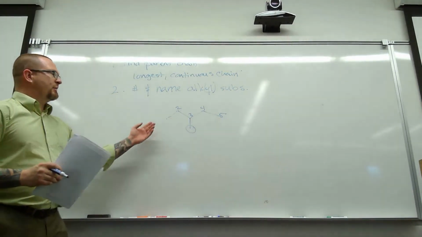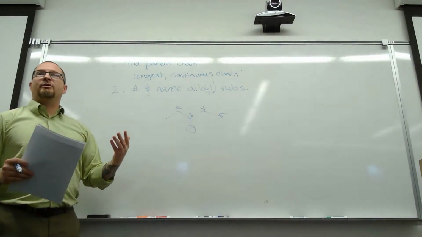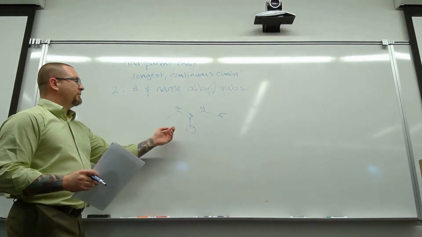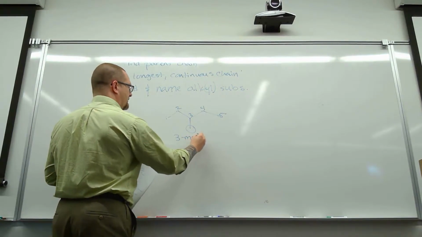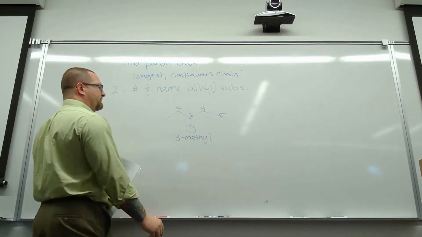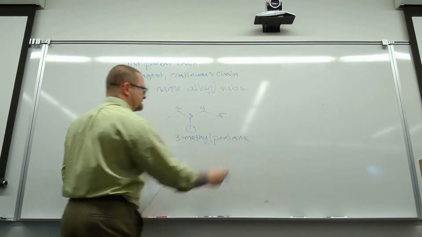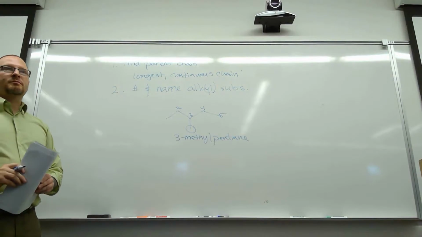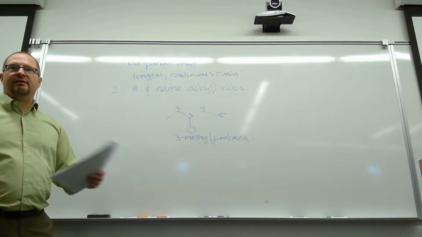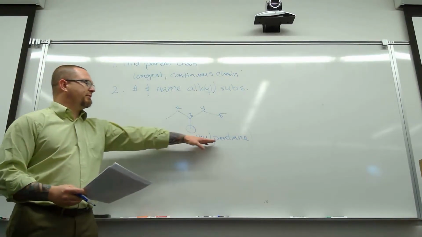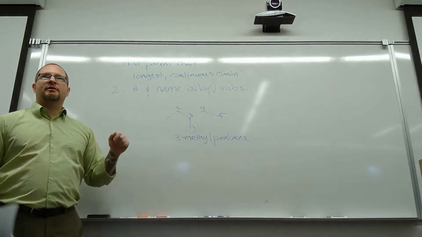In this case, I could have numbered from either side and gotten the same number here because it's symmetrical, but you wouldn't always have a symmetrical scenario. So this will be 3-methylpentane. You name it as the parent chain is the base of the name, and then you modify this, identifying where different substituents are.